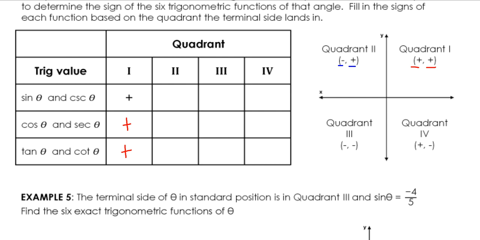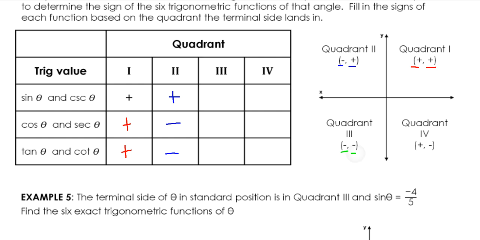Sine and cosecant both just involve y and r, so those would both be positive, meaning when I divide them, I get a positive. However, cosine, secant, tangent, and cotangent all involve the x in some way, so when I divide a negative and a positive, I get negative answers.